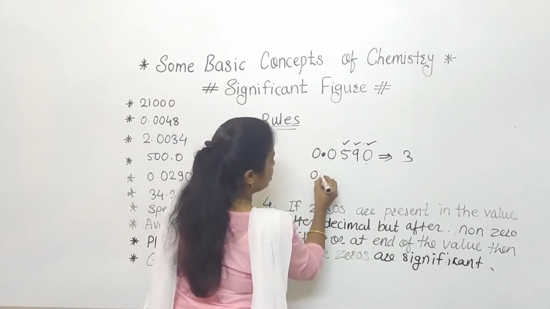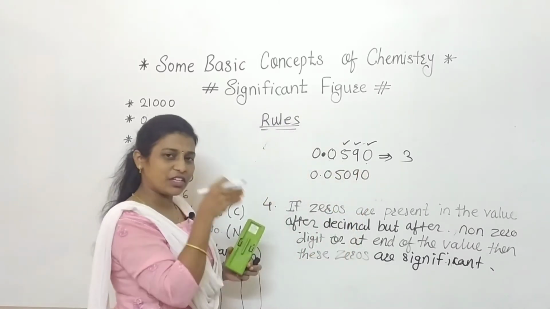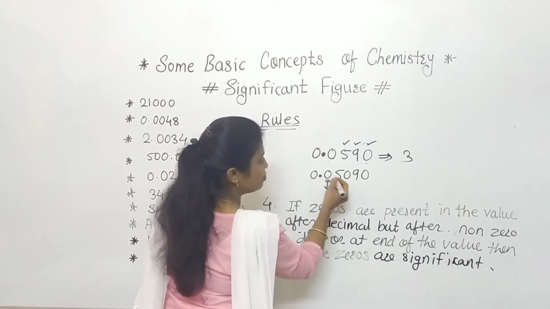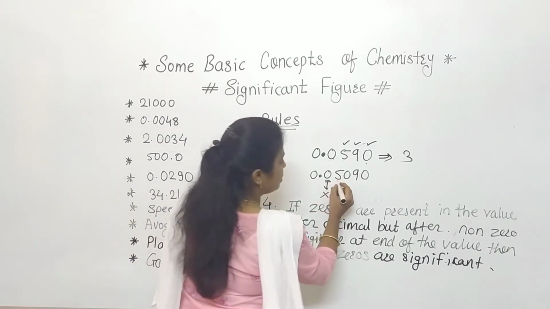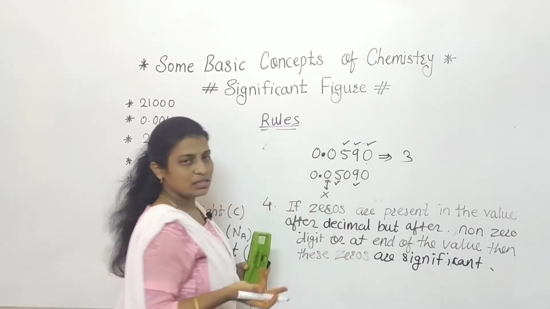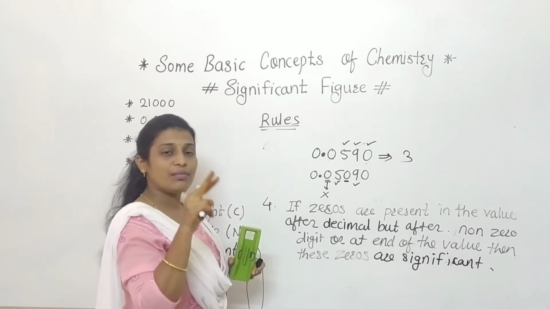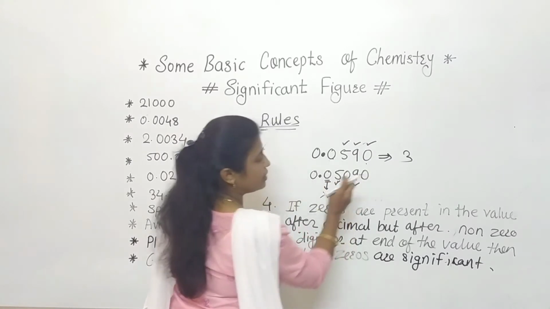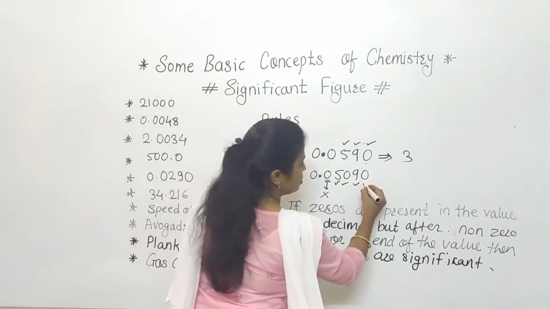So now see next one. If we consider 0.05090, ठीक है, same ही है, सिर्फ एक 0 add कर दिया. यहाँ पे देखो after decimal ये 0 आया but it is before non-zero, so this is not the significant figure, but this 5 is significant, this 9 is significant, and this 0 is significant because it comes in between two non-zero digits, so this is also a significant figure, and this 0 comes after decimal or at the end, that's why this is also significant.